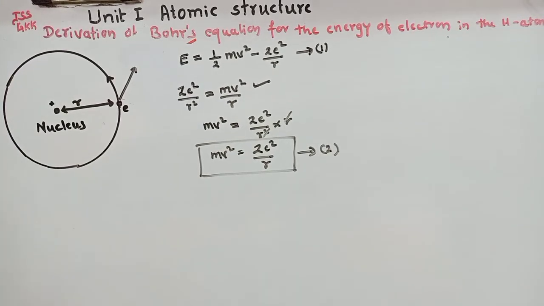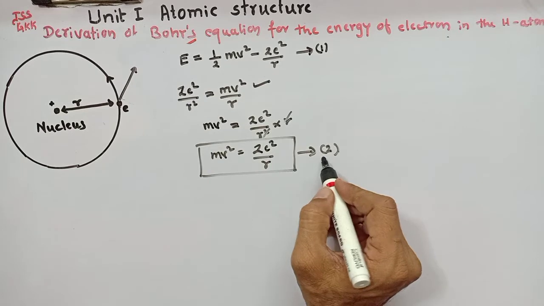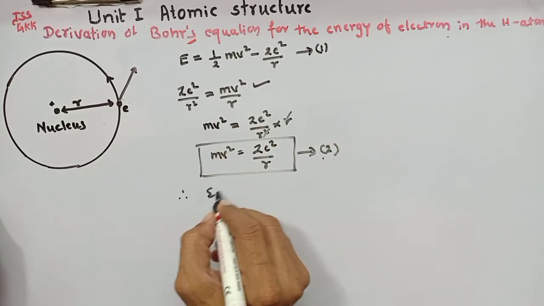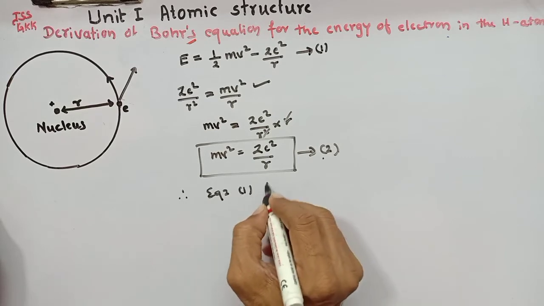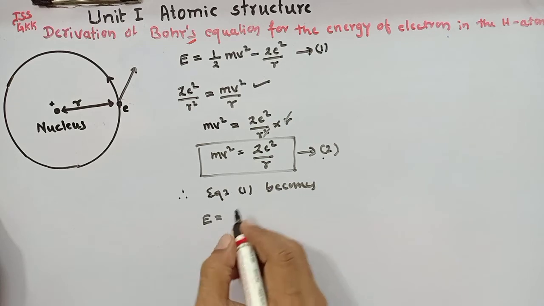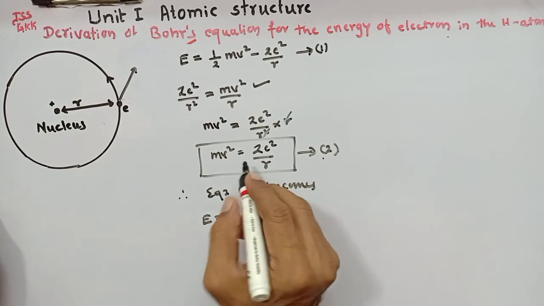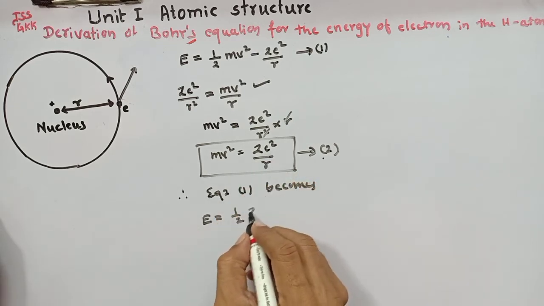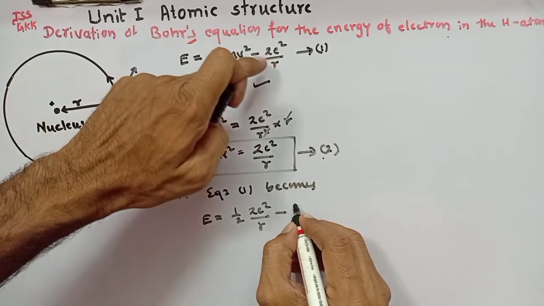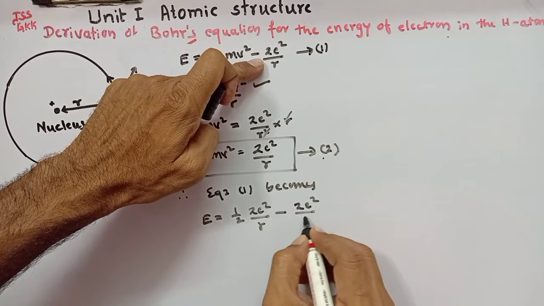Now, put the value of mv square from equation 2 in equation 1. Therefore, equation 1 becomes capital E is equal to 1 by 2 times Ze square divided by r, minus Ze square divided by r.